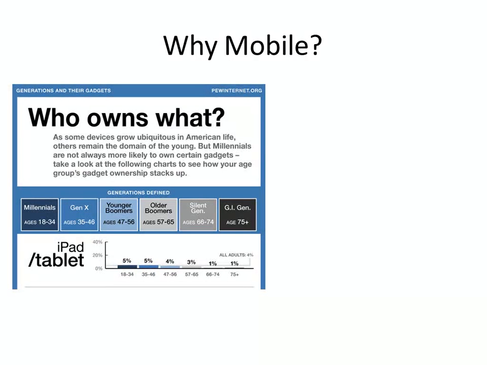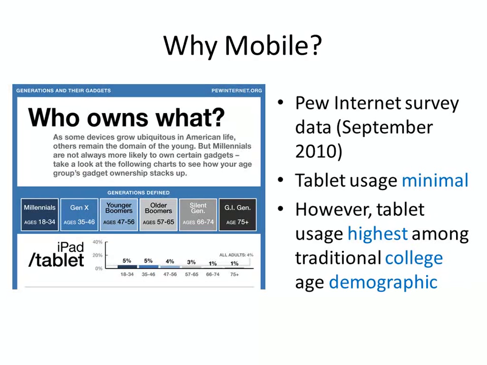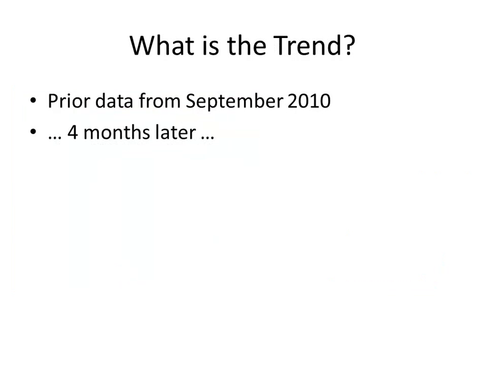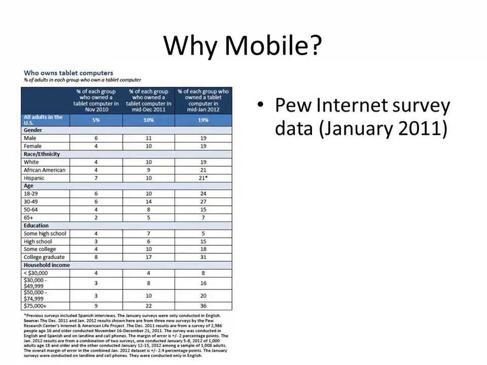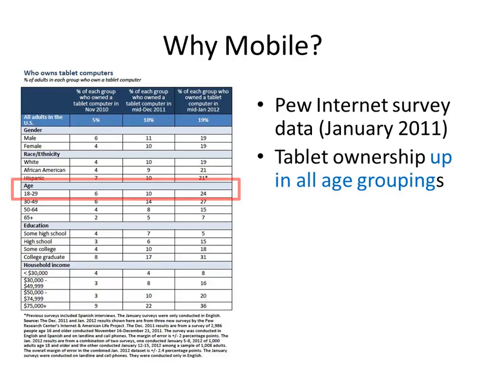On tablets, again, this is from September 10. Tablet usage among that particular age demographic is only 5%, but it is the highest of any of the demographics. Again, it's about what the trends are. Well, that data was from September 10. If we look four months later, this is again from Pew, January 12, sorry.